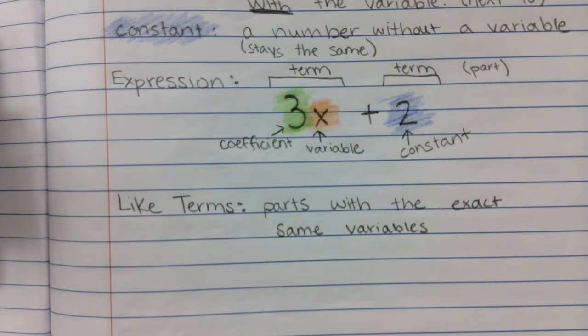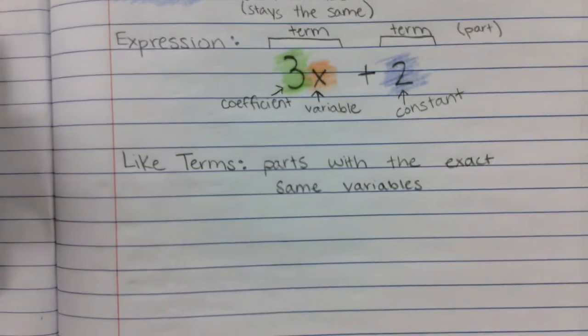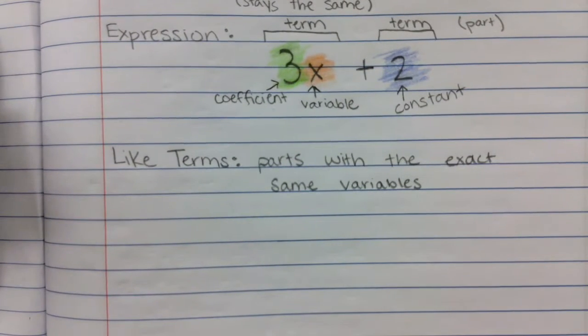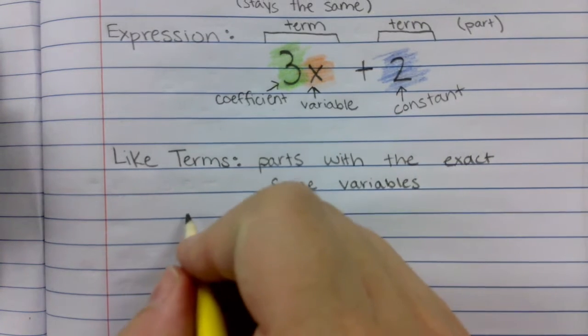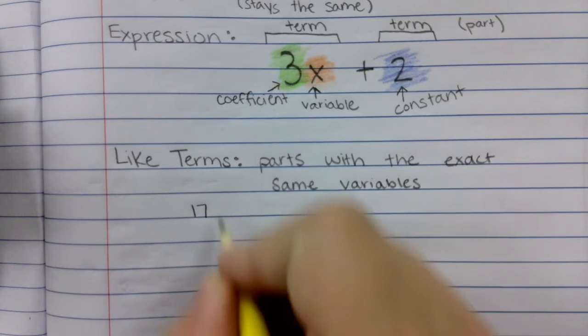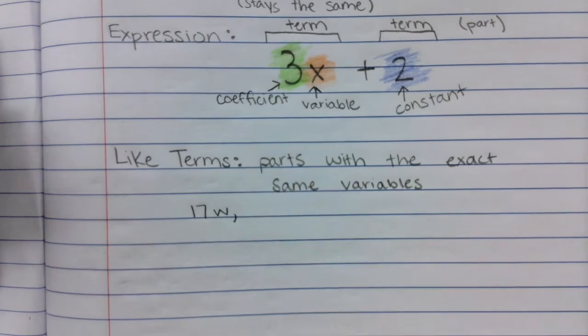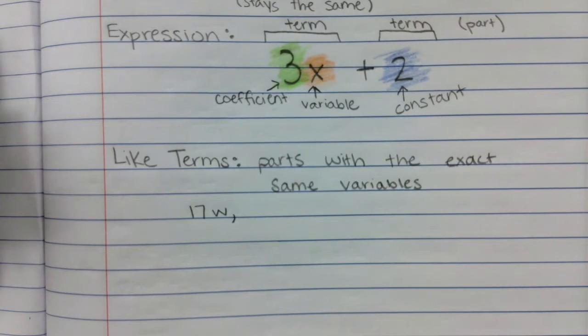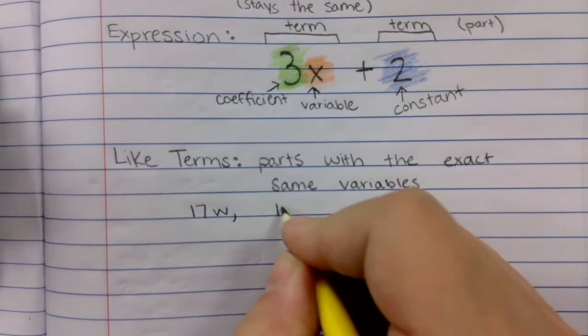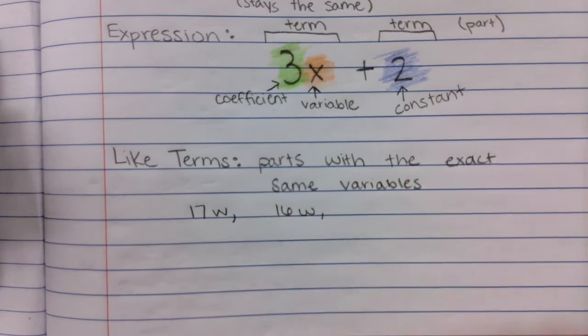It freaks me out. Alright, so for like terms, if I have 17W, who can tell me a term that has that exact same variable? 16W? Okay, 16W. What else? 12W. Can someone give me one that's not positive?